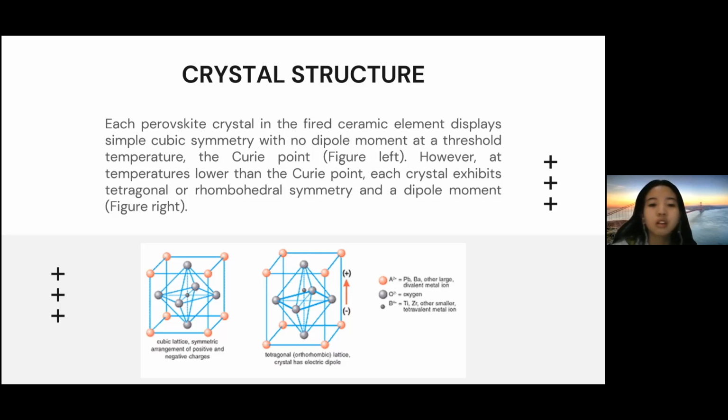However, at temperatures lower than the Curie point, each crystal exhibits tetragonal or rhombohedral symmetry and a dipole moment. From the figure, it's on the right. A traditional piezoelectric ceramic is a mass of perovskite structures, each consisting of a small tetravalent metal ion, usually titanium or zirconium, in a lattice of larger divalent metal ions.